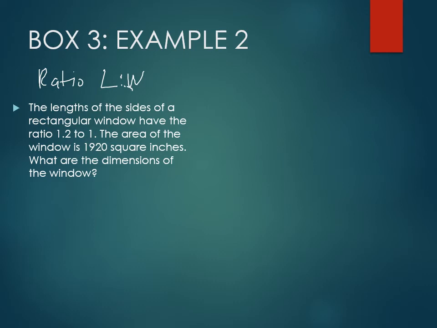So when I draw my window, this is my rectangular window. I know that my width equals W, just 1. But my length is bigger than my width by 1.2.